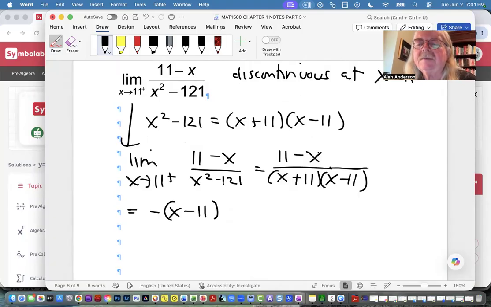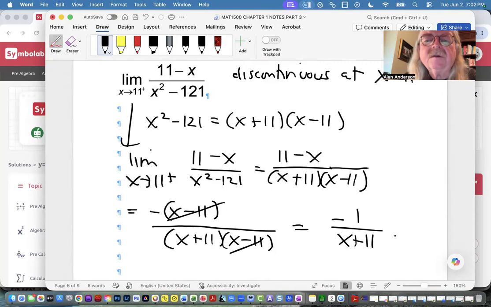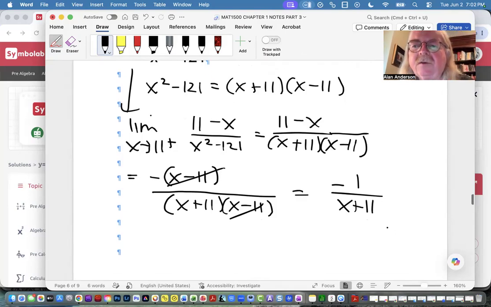They made the denominator the negative of x minus 11, so that these will drop out, but we still have this negative 1 here. And so now we can substitute 11 in here without getting into trouble.